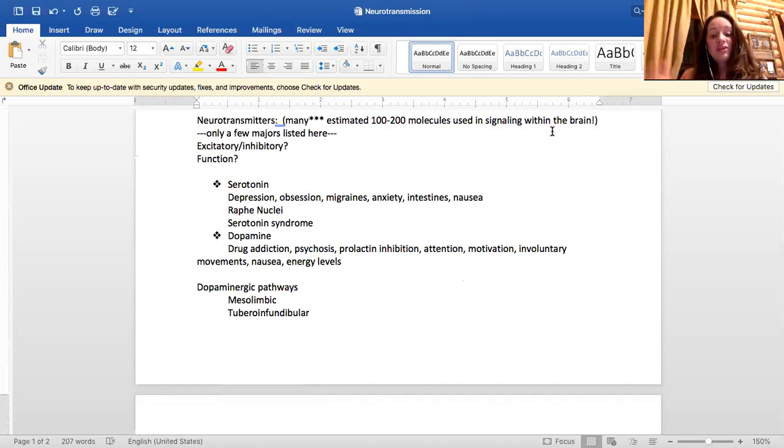So if there's an increase in serotonin, what's going to happen? If there's a deficit, what are you going to see? Okay, and then you may have another bubble that says these drugs are associated with serotonin. Specifically, these address a deficit.